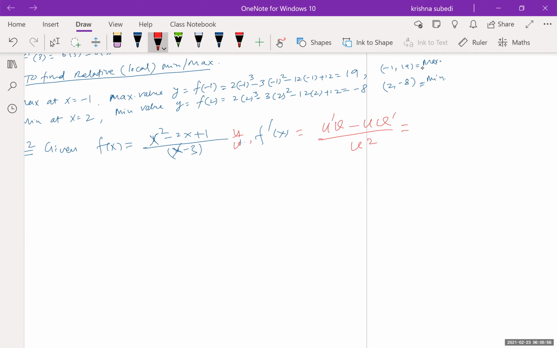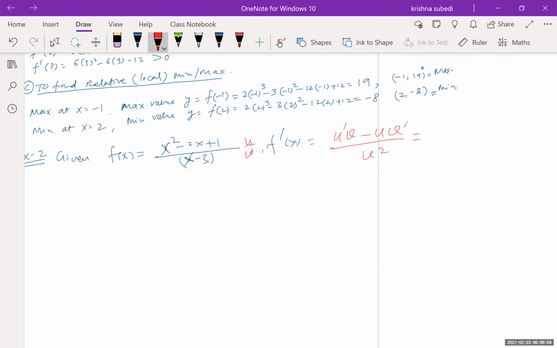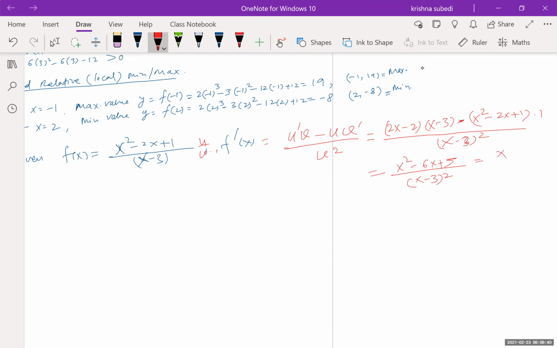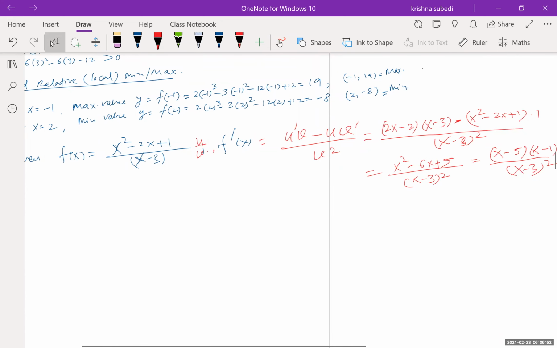And okay, guys, try this by yourself. All right, so what we found is that the derivative is this.